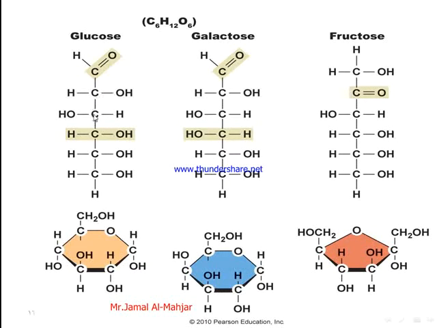In this one, carbon number 3 has OH on the left side, but in galactose we have OH at carbon number 4. So at carbon number 3 and carbon number 4 we have the OH group on the left side. If you change the position of the hydroxyl group, the name of the compound will change.